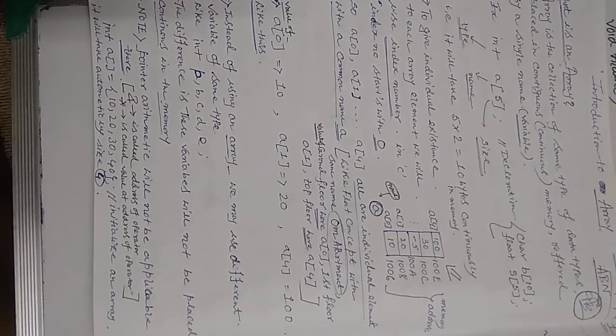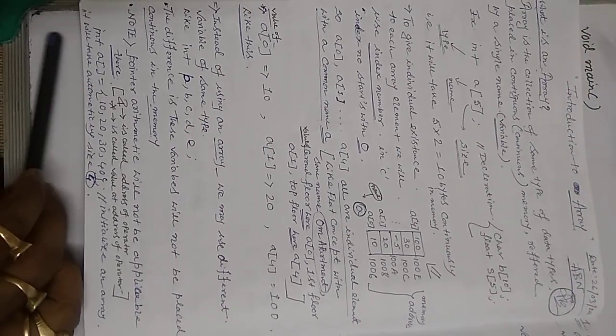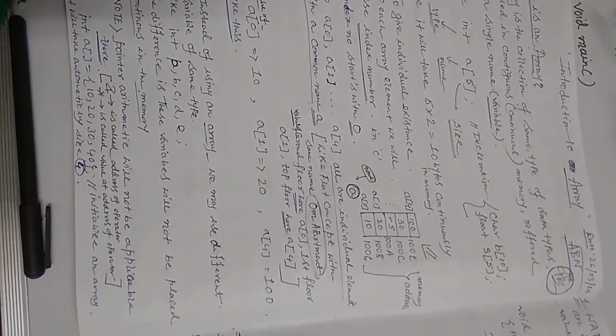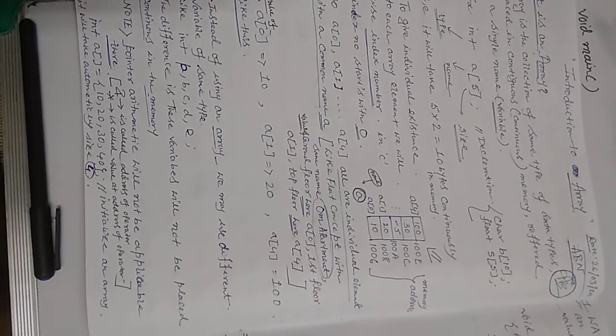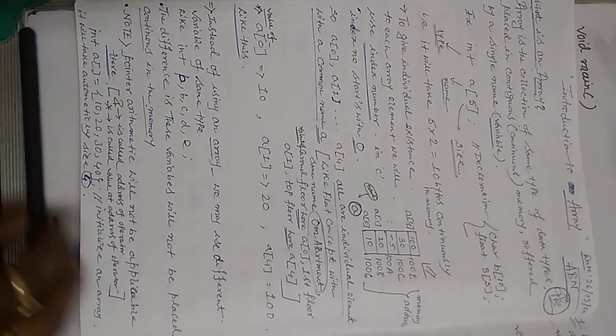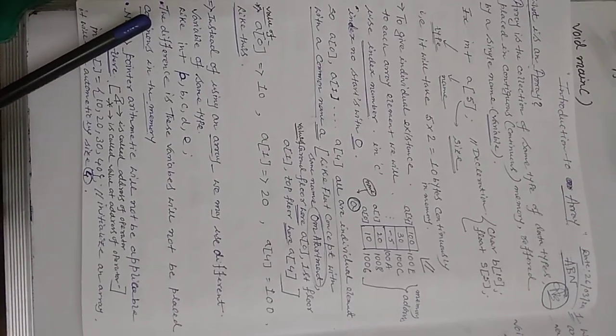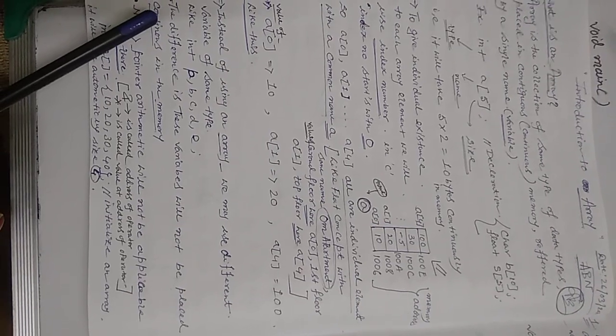Now I want to tell you once again why the array is important. Because if these elements are scattered in memory, then we will not be able to access them sequentially.